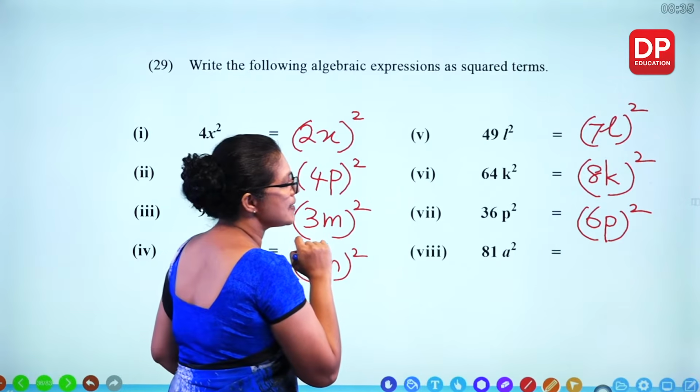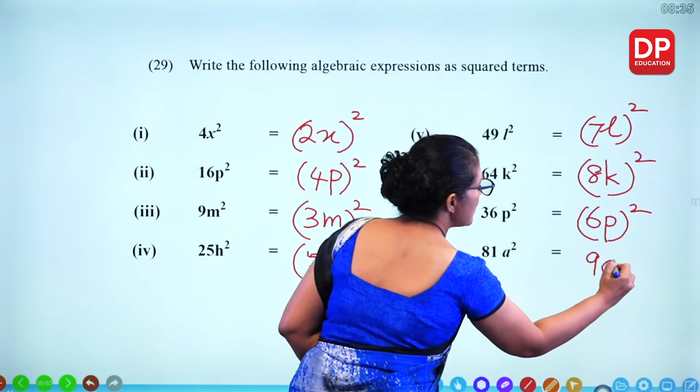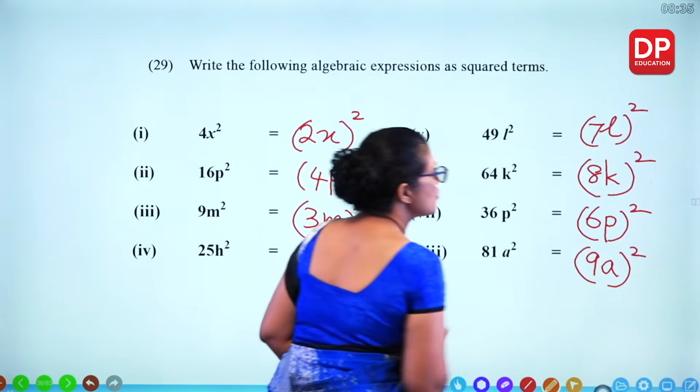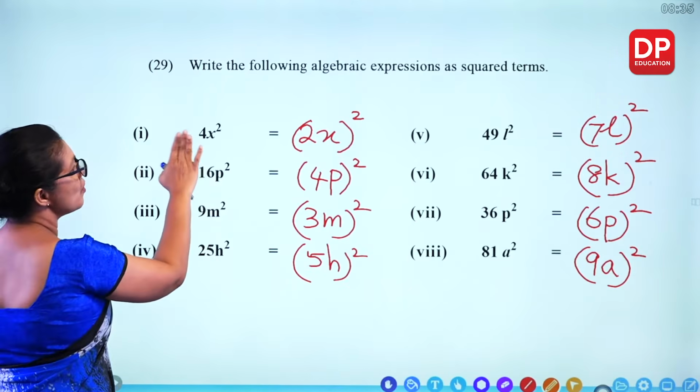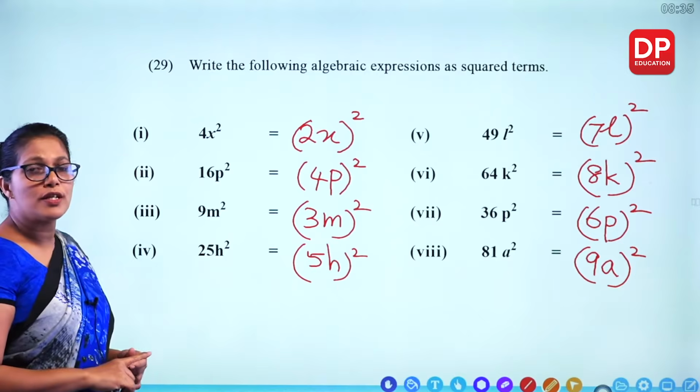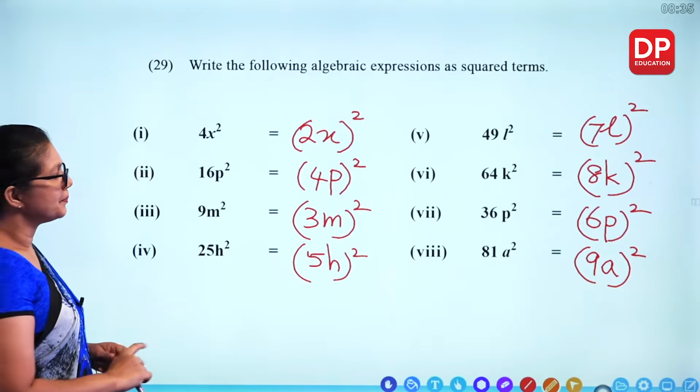And 81 means 9 times 9. 9a whole thing squared. Now we know how to write down any expression as a square term.